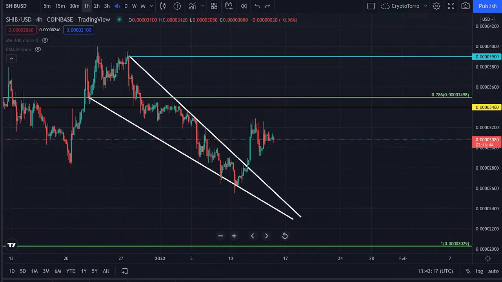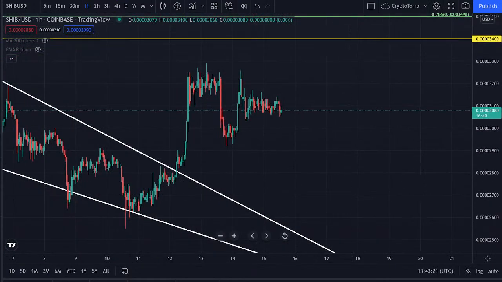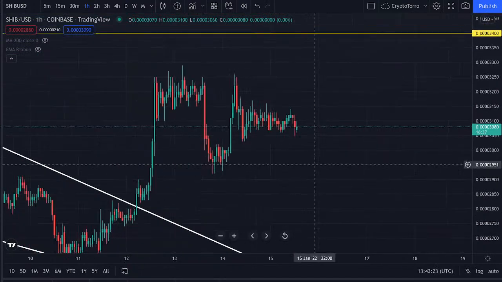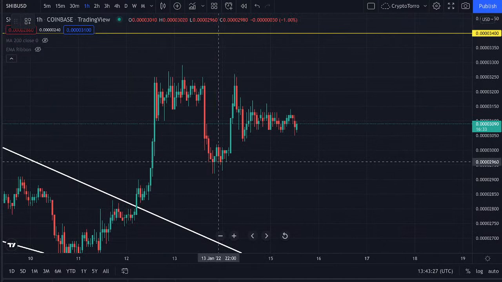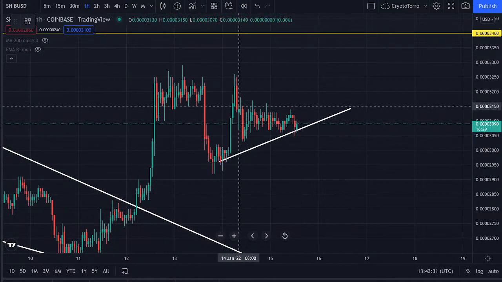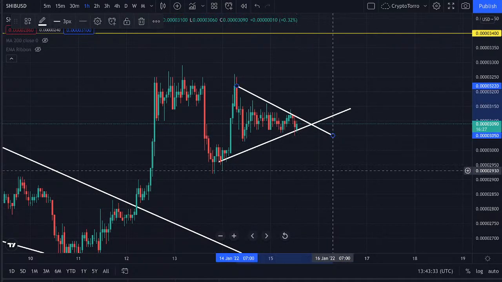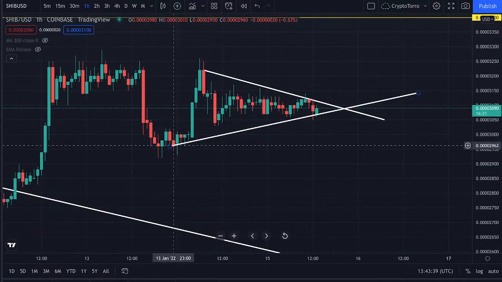And if we head towards the 1 hourly time frame and look at the immediate short term, we could see that we are actually creating a pattern. So if we zoom in and place a trend line, well, we could say that we are right now... Just give me a quick second so I can adjust the lines correctly.